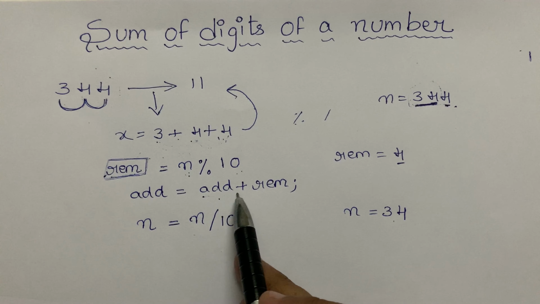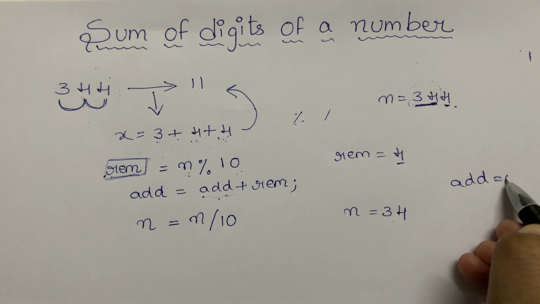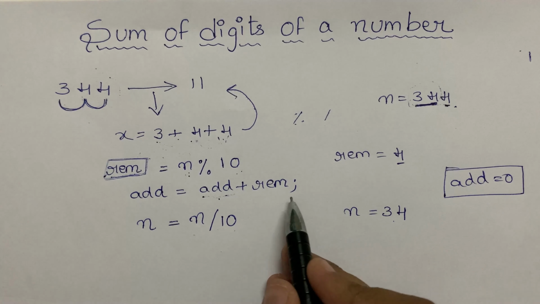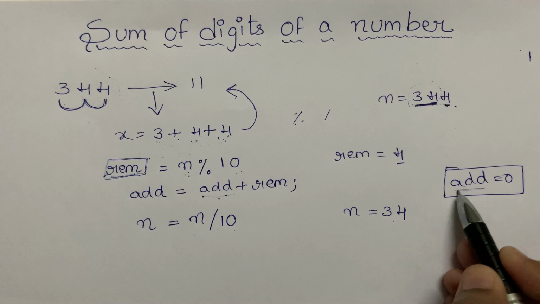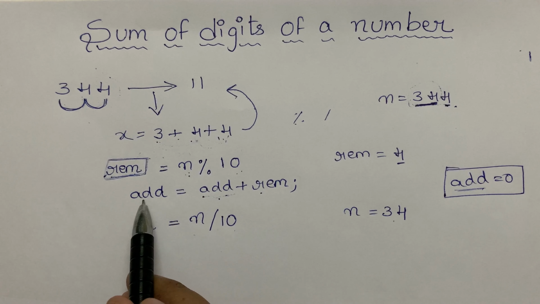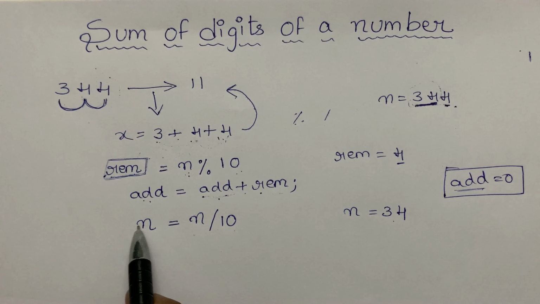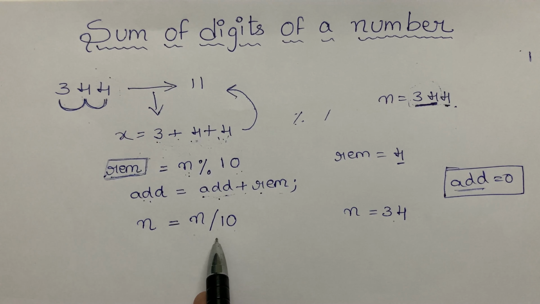Initially we should take the add value as 0, and the remainder value should be added to this add variable. After adding this remainder to the add variable, we will perform the division step.